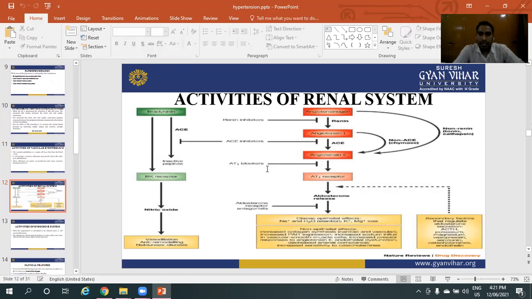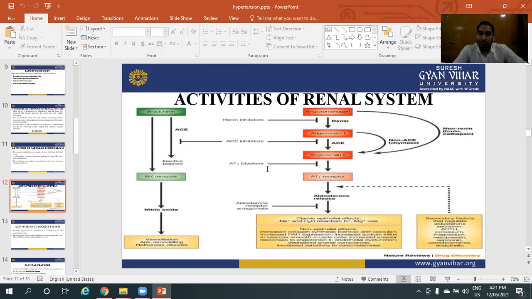Activation of the renal system. First, angiotensinogen is converted into angiotensin I. Then angiotensin I is converted into angiotensin II. Then angiotensin II acts on AT1 receptors.